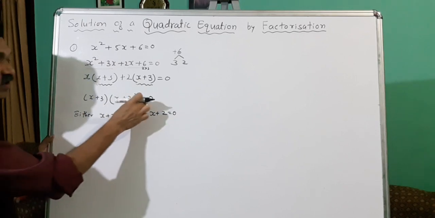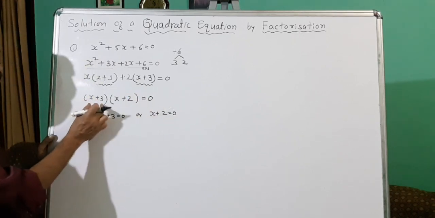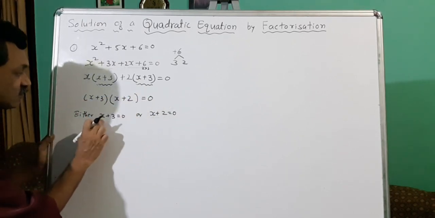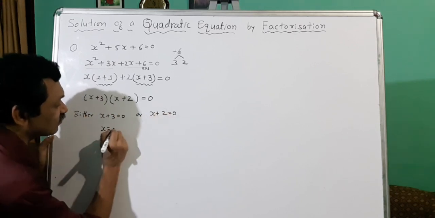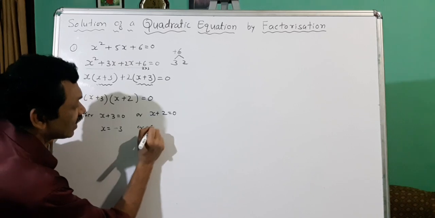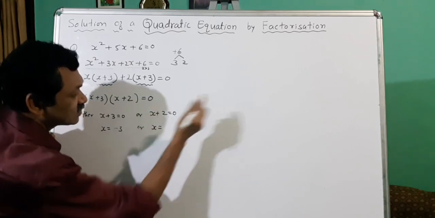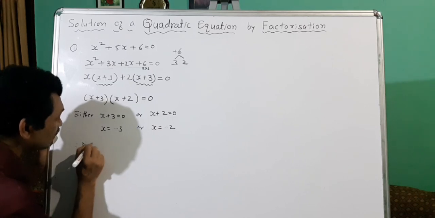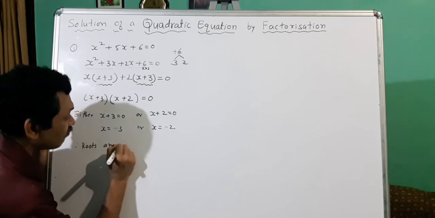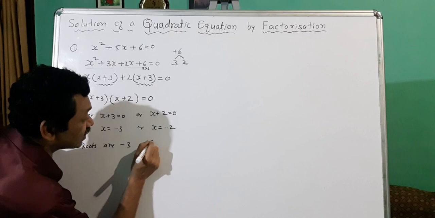If the first bracket is 0, then what is the value of x? x is equal to minus 3, as plus 3 goes to the other side and becomes minus 3. Or x plus 2 equal to 0 gives x equal to minus 2, and therefore the roots are minus 3 and minus 2.